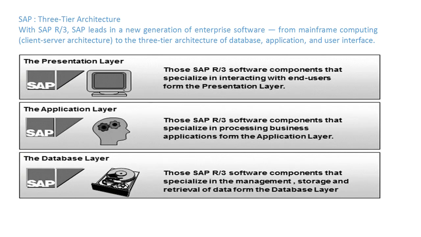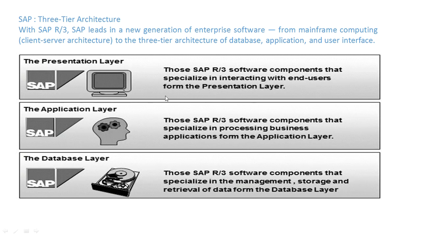Okay, then let us go to the SAP three-tier architecture. Whether it is the HANA database or the previous Oracle database, the architecture remains constant. SAP has three levels of architecture. So what are these three levels? The first level is your presentation layer.